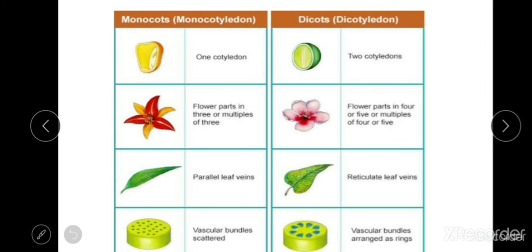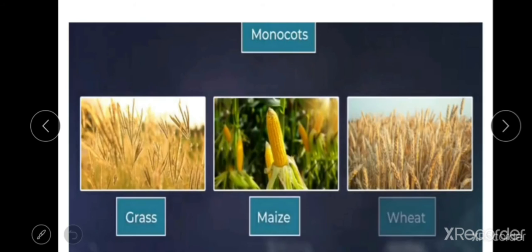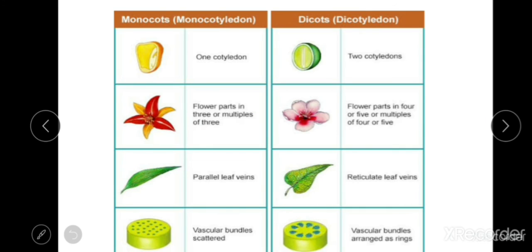And there are some other features besides parallel venation and the root. If we cut very thin sections of monocot stem and dicot stem and observe under the microscope, we will see vascular tissues.